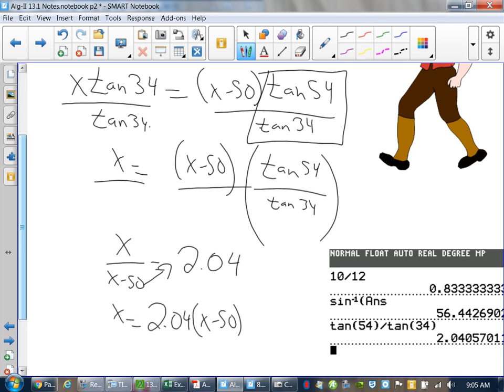So it's still that chunk, x minus 50, times some crummy decimal. And then wouldn't it just be x on the left? Over here, it is. But what I did then was I moved this back just so I could show you guys that there was just going to be a number here to begin with. Technically, I didn't need to move this back and forth. That's that extra step that I didn't need to do. Because once I divide this out, I'm getting 2.04. And I have to distribute that back to this part anyway.